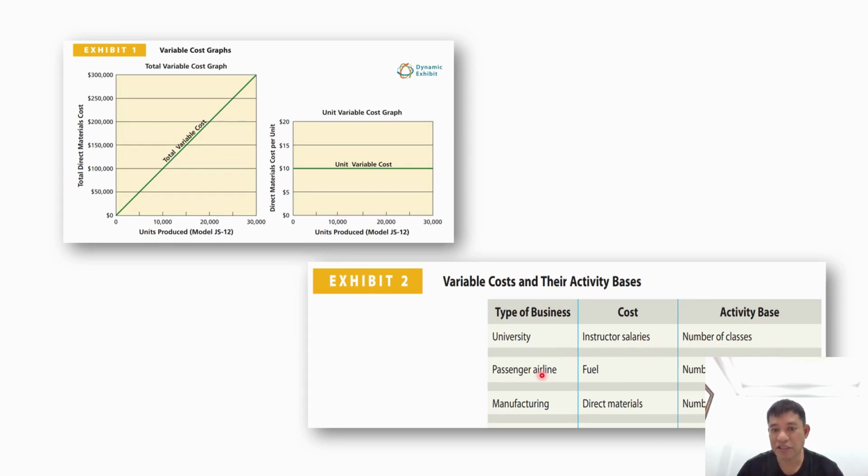And for a passenger airline, the fuel cost is variable depending on the number of miles flown. And also in the manufacturing industry, the more number of units produced, the direct materials cost will be variable and will be more.